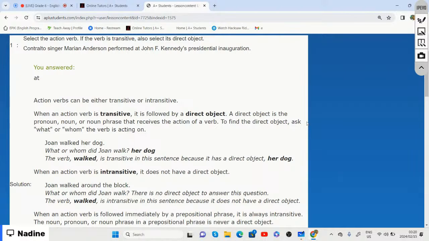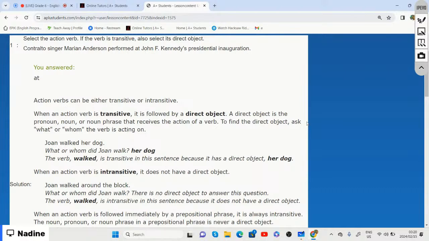For example, Joan walked her dog, right? So now we're asking ourselves, what or whom did Joan walk? Joan walked her dog. So the verb walked is transitive within the sentence and it has a direct object, which is her dog.